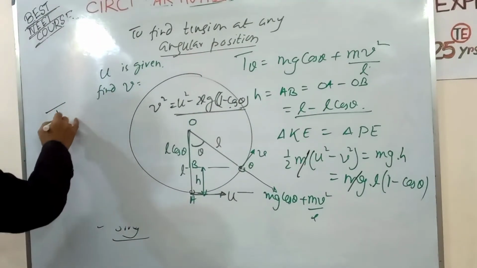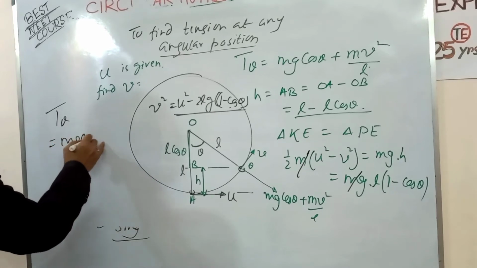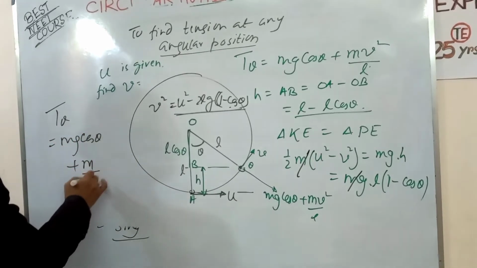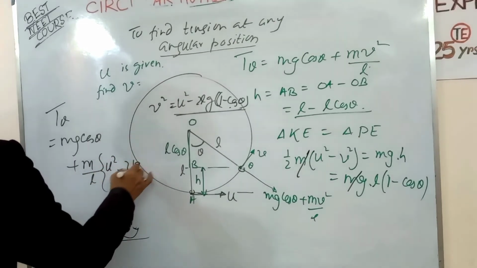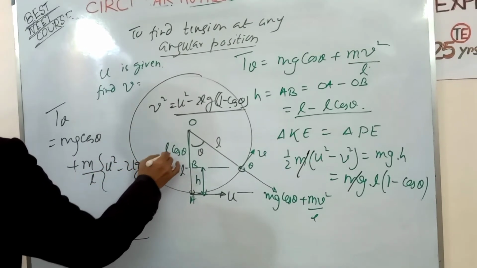Tension at theta equals what? mg cos theta plus m v square by L. What is v square? V square equals u square minus 2lg into 1 minus cos theta.